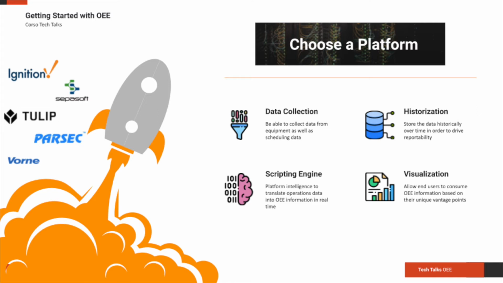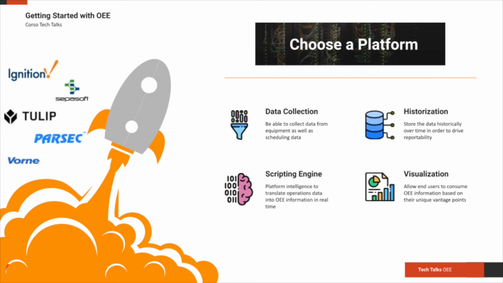For this, the team at Corso Systems usually works with the Ignition platform by Inductive Automation due to its intuitive design, its high performance in industrial settings, its plethora of data connection points, database storage options, all sorts of awesome things that the team over at Inductive Automation has put together.